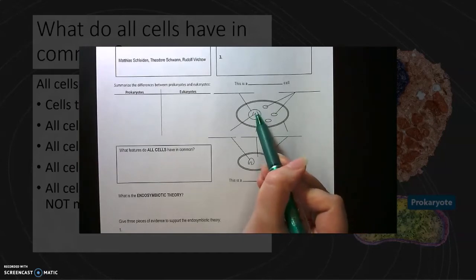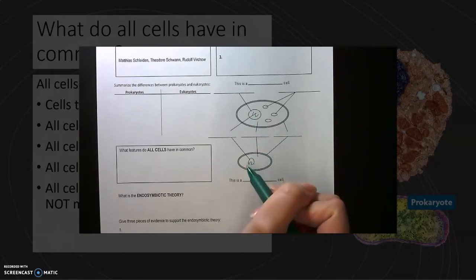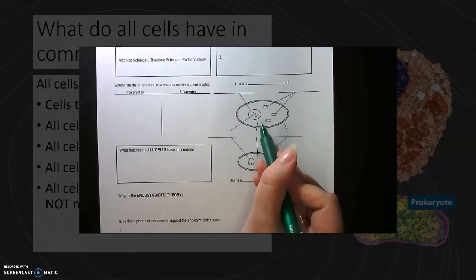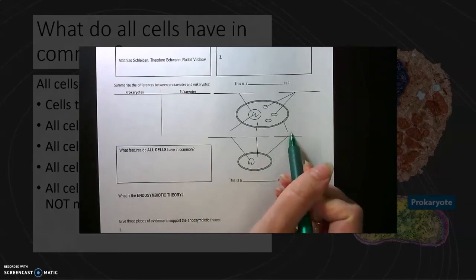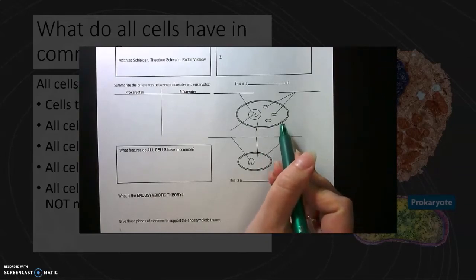First of all, the squiggle here, it's inside of a structure in the eukaryotic cell, but it's just floating in the cytoplasm of the prokaryotic cell. That would be the DNA. We have this second line pointing to that fluid interior. That would be our cytoplasm. This third line is pointing to the outer coating, which is going to be our cell membrane.